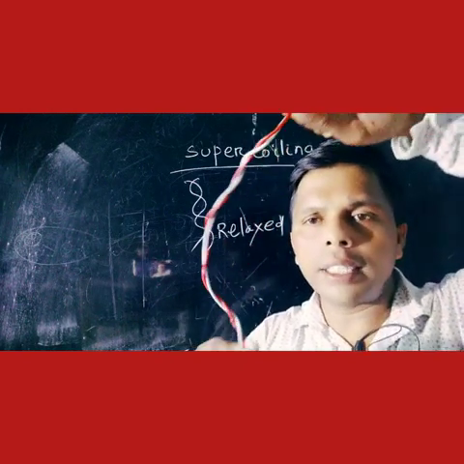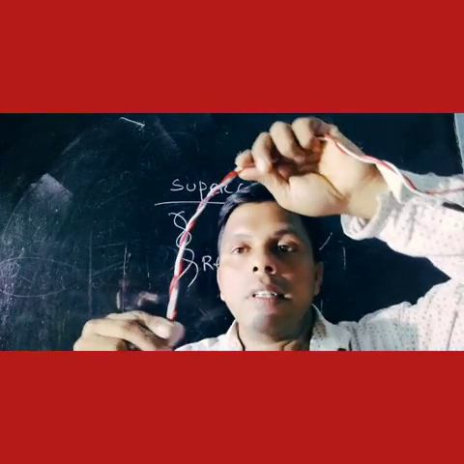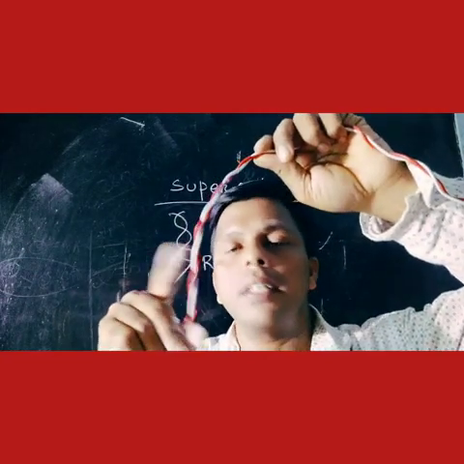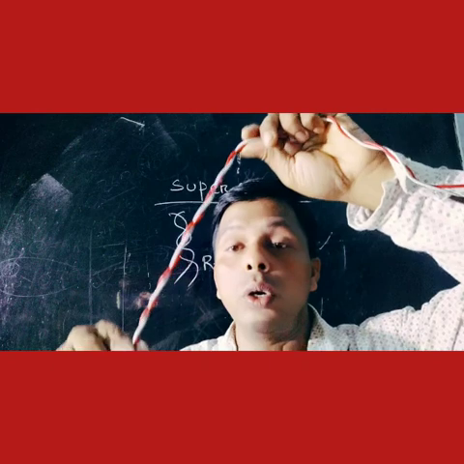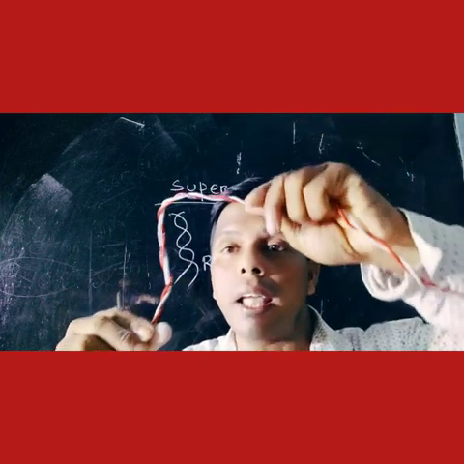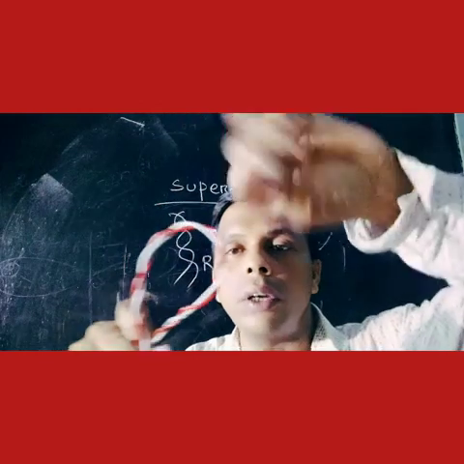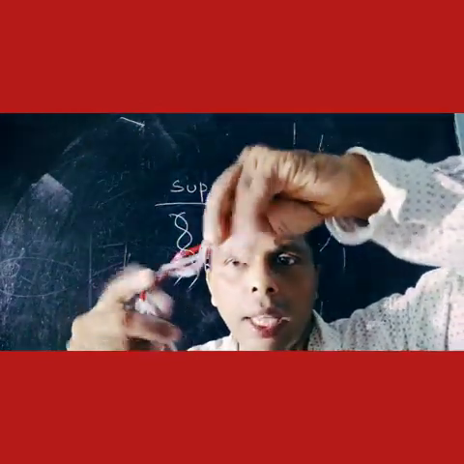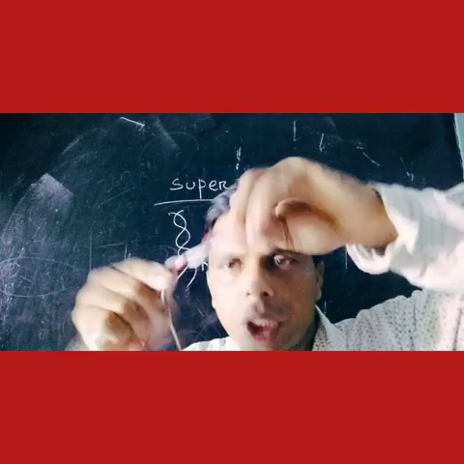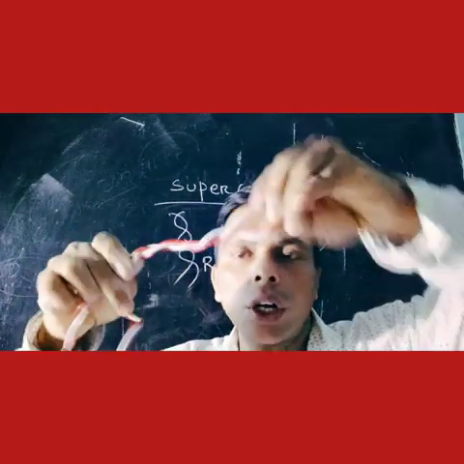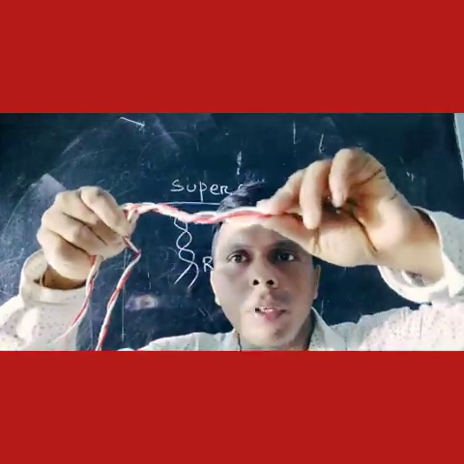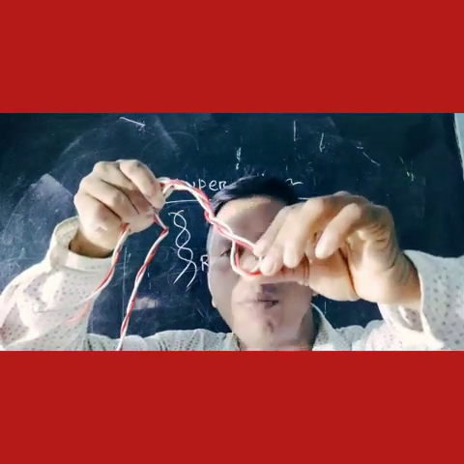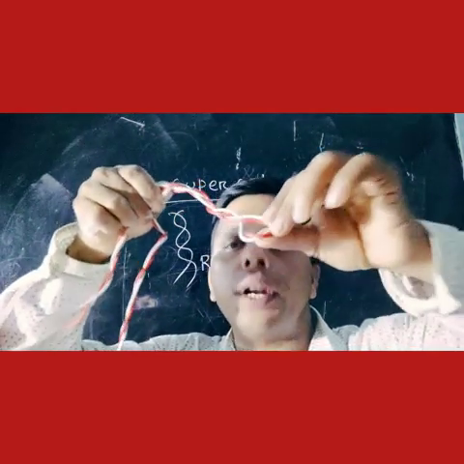When these two strands, red and white, again coil around each other, that means look, the two strands again cross, this structure becomes the supercoiled structure.